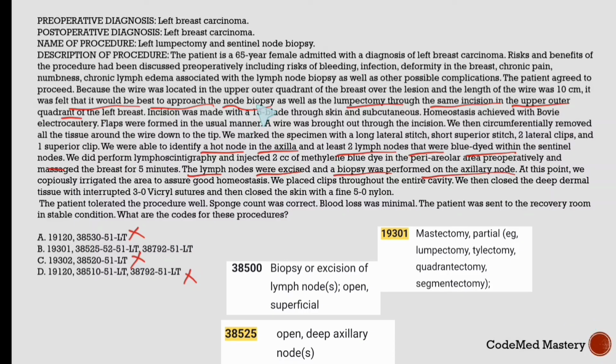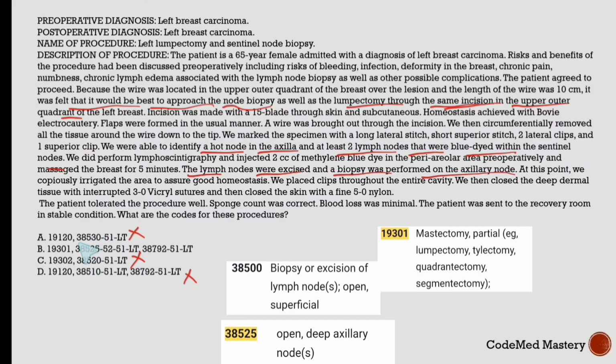So for the node biopsy, that is 38525 code, they have not made a separate incision. Okay. So it is mentioned it was felt that it would be best to approach the node biopsy as well as lumpectomy through the same incision. They have not made a separate incision, right? So for this 38525, we have to code modifier 52, which is for reduced services.